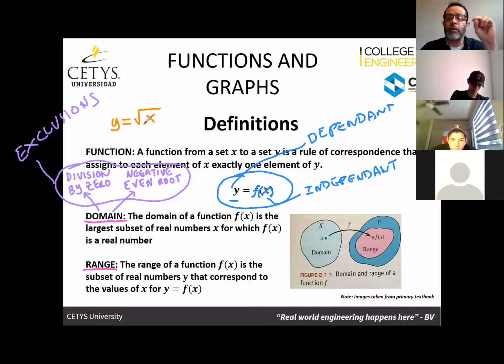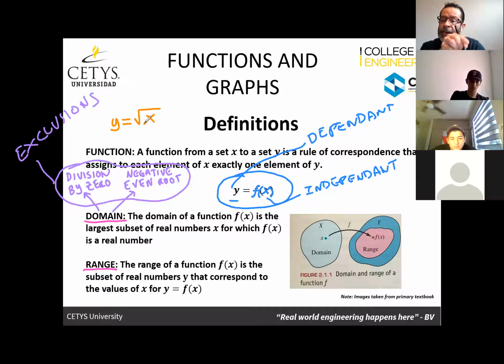The domain are all of the possible values that X can have, okay? But that is a square root. Can X have a negative value? Daniel? Yes. Can it?